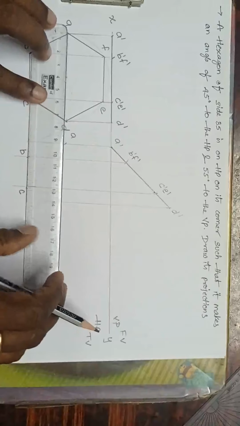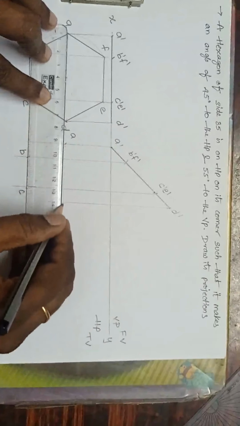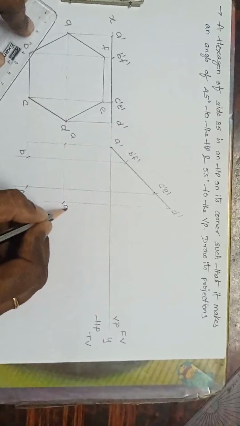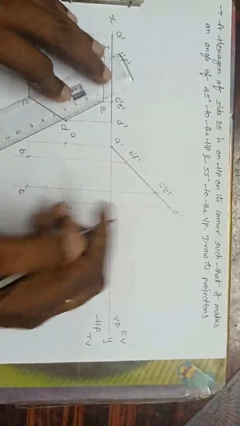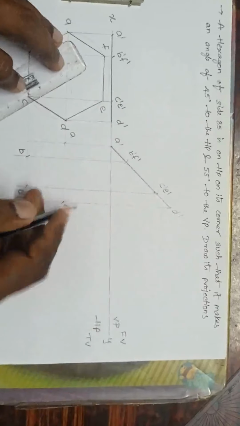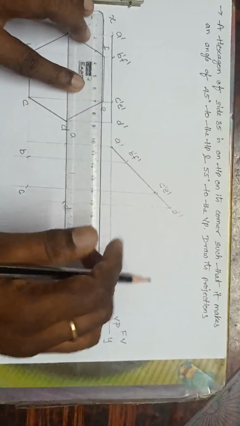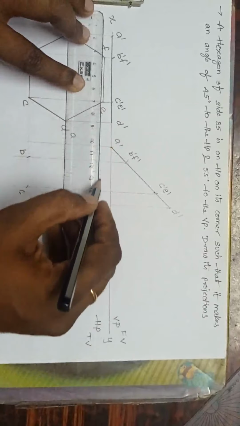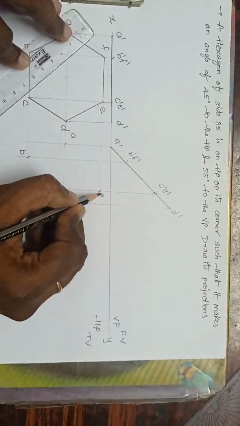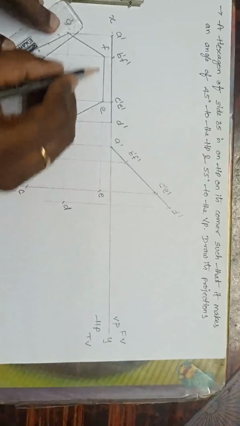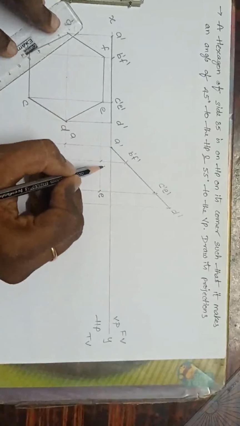Next, from D dash, perpendicular line; from D, horizontal line. Using a drafter you can do it very easily. This is D. Next, from E dash, perpendicular line; from E, horizontal line. This is E. From F dash, perpendicular line; from F, horizontal line. I'll get it like this.